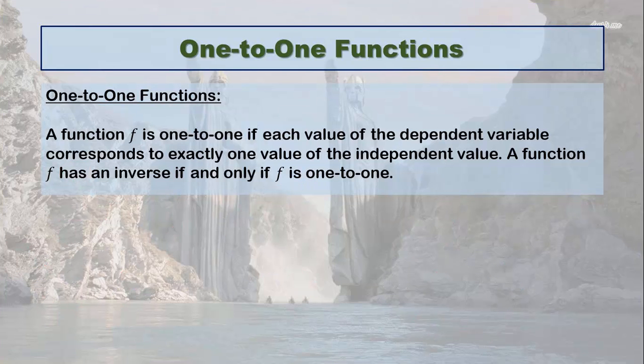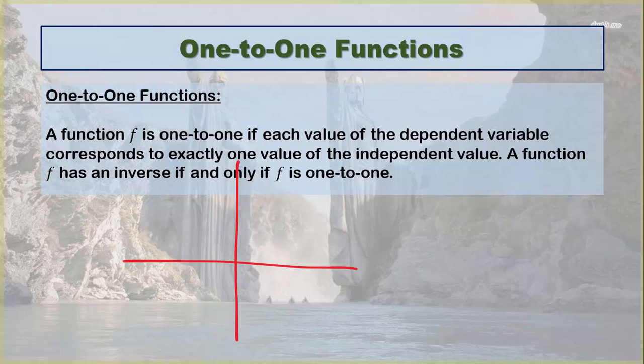All right, so an example of a one-to-one. This is an example of a one-to-one because for that x right there, it's only plugged into one y over there. And this y has only one x. That's a one-to-one function.